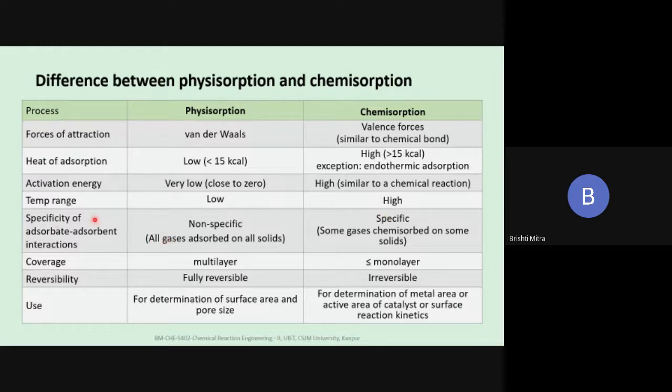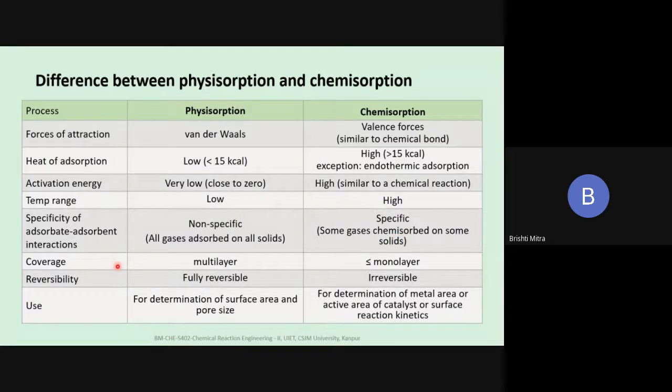The specificity of the adsorbate-adsorbent interactions. The adsorbate is what gets adsorbed, and the adsorbent is what is adsorbing it. So physisorption is non-specific, that is, all gases get adsorbed on all solids, just like a condensation process. And chemisorption is specific in nature, that some gases will get chemisorbed only on some particular solids.